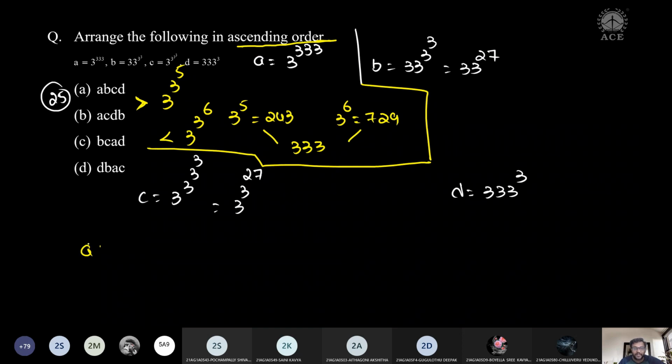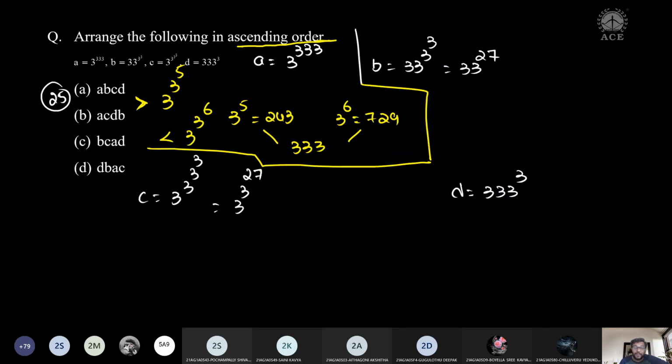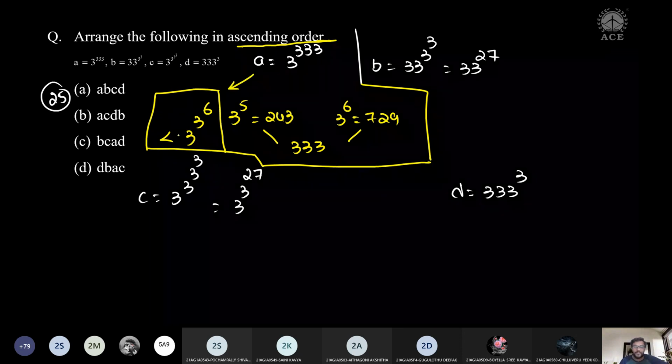You observe C, my dear friends, C is 3 power 27. This is 3 power 6 only maximum. It's definitely less than 3 power 6.